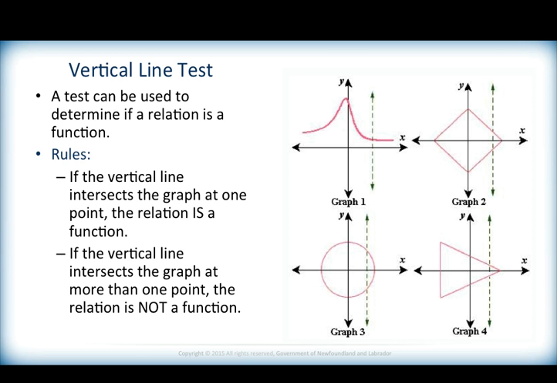Looking at the first graph, the vertical line intersects the graph at exactly one point. Therefore, that relation is a function. If we look at the other three graphs, graphs 2, 3, and 4, the vertical line intersects those graphs in two places. Since that line intersects at more than one point, those relations are not functions.